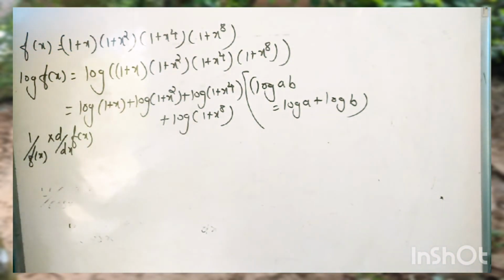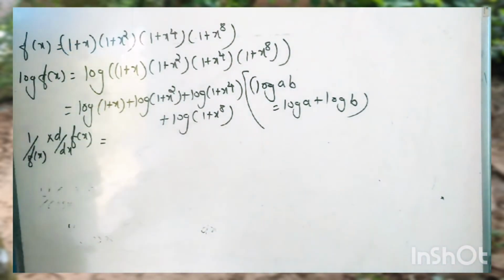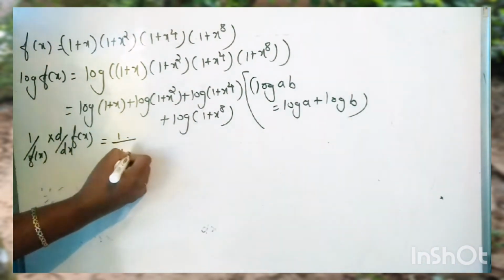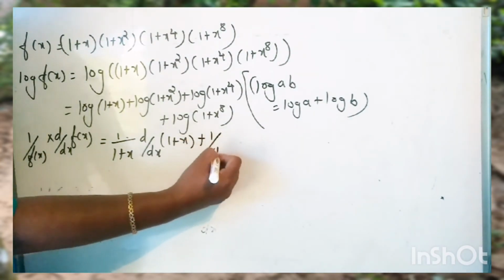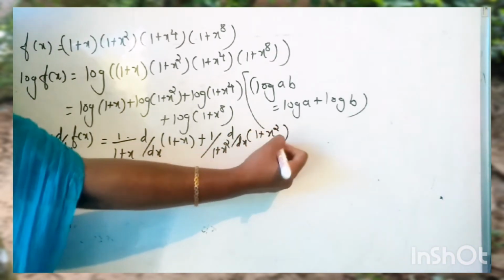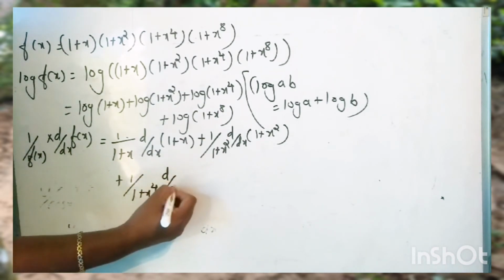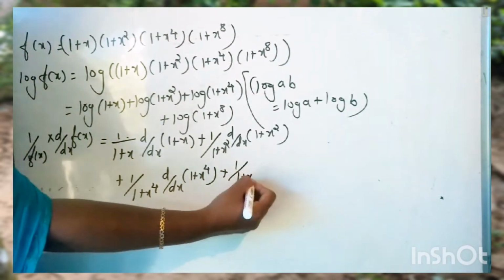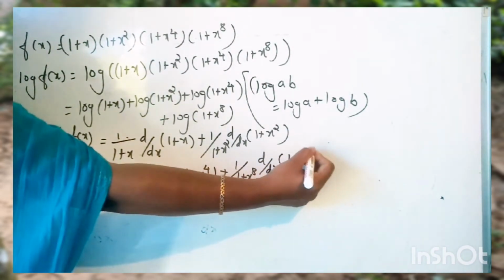1 by f of x into d by dx of f of x is equal to, for log of 1 plus x, the derivative is 1 divided by 1 plus x into d by dx of 1 plus x, plus 1 divided by 1 plus x square into d by dx of 1 plus x square, plus 1 divided by 1 plus x raised to 4 into d by dx of 1 plus x raised to 4, plus 1 divided by 1 plus x raised to 8 into d by dx of 1 plus x raised to 8.